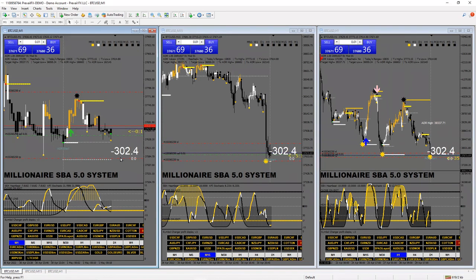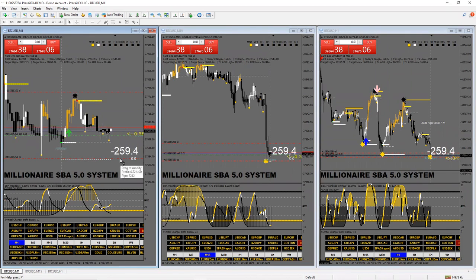I know that this right here is 72 pips, so I can grab my stop loss over here and drag it down until we get to 69 pips. That's good enough. So that right there is roughly a 1-to-1. I'm making sure that my gain and my loss are pretty much the same.